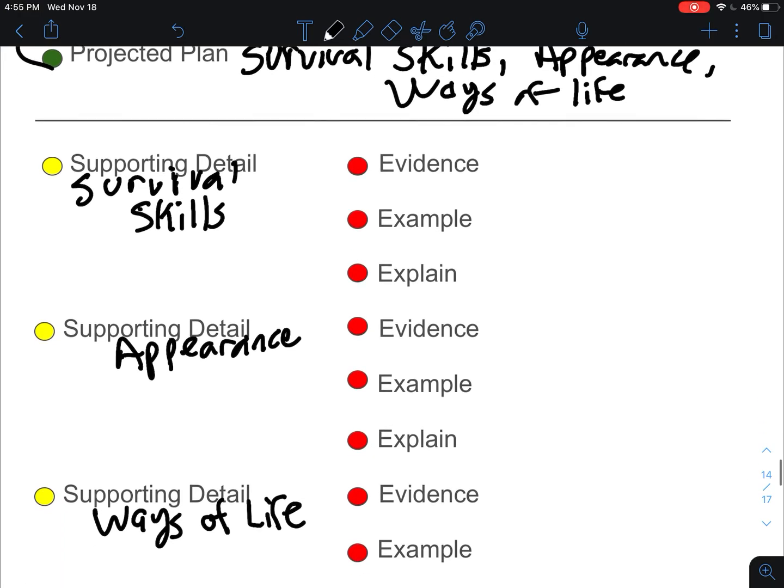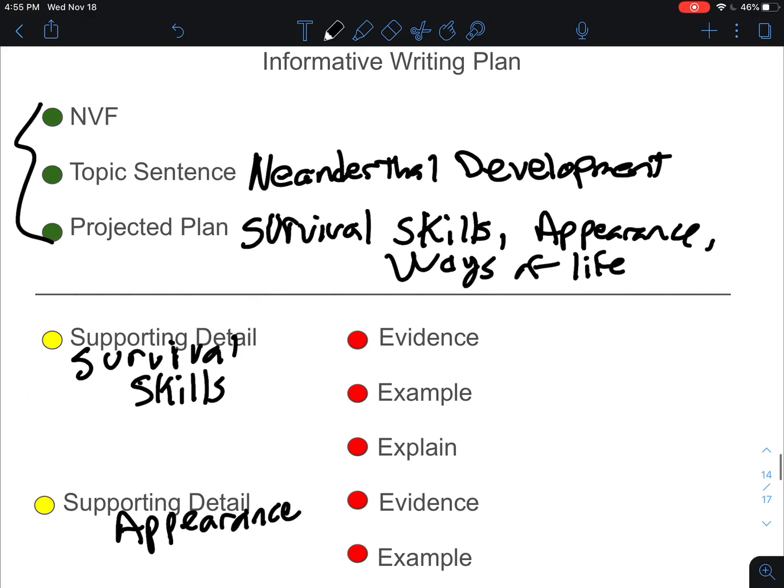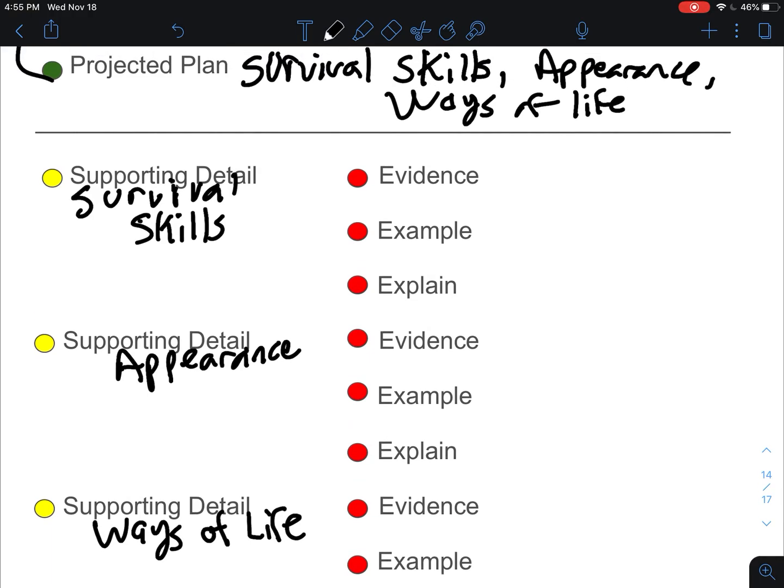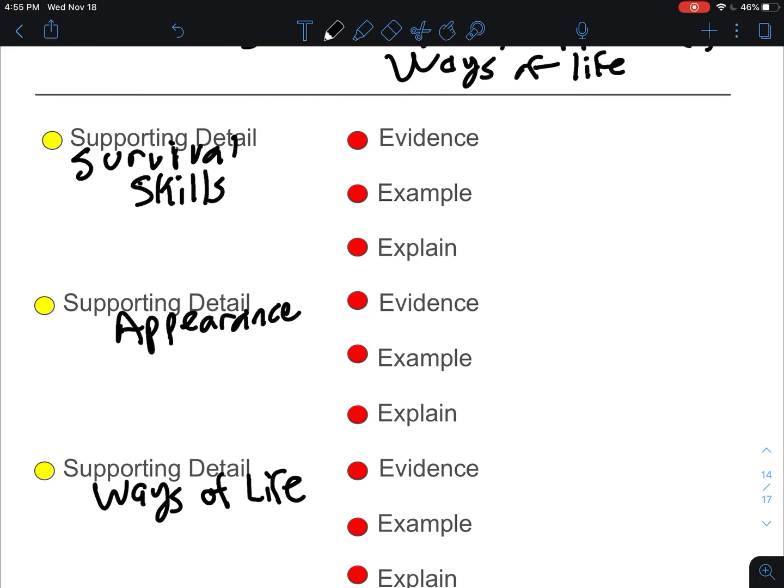Okay, so after you list your yellows, basically we're finished with our introductory paragraph for our plan, right? We can use our projected plan to write our yellows because it's the same thing. Now we have to put some details down that support or give examples of their survival skills, their appearance, and their ways of life.